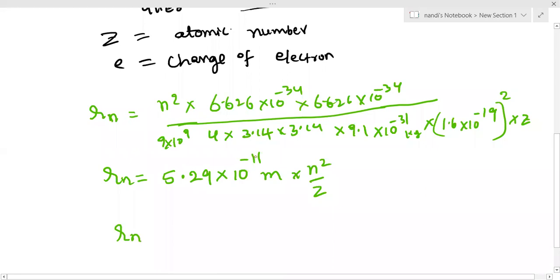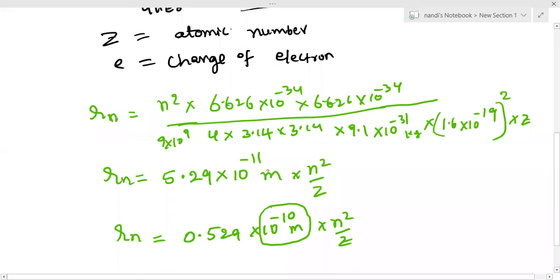Now Rn, I can write in terms of angstroms: 0.529 into 10 power minus 10 meters into n square by Z. 10 power minus 10 meters is 1 angstrom in the MKS system.